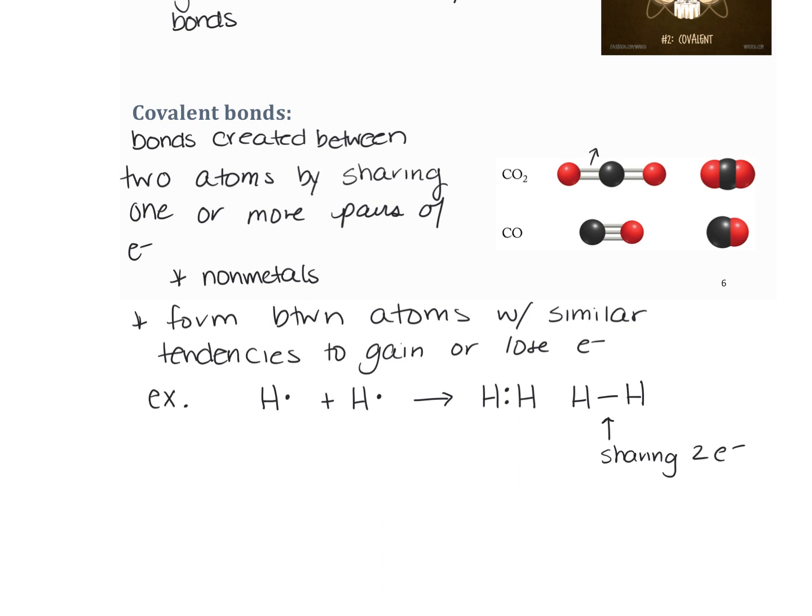So we have CO2 here. There's a double bond that forms between the carbon and oxygen, and that's sharing 4 electrons. And then there's a triple bond here, and that's sharing 6 electrons. So in this class we're only going to have single, double, and triple bonds. So those are going to be some examples of covalent bonding here.